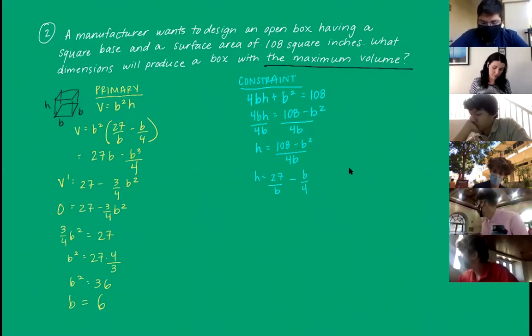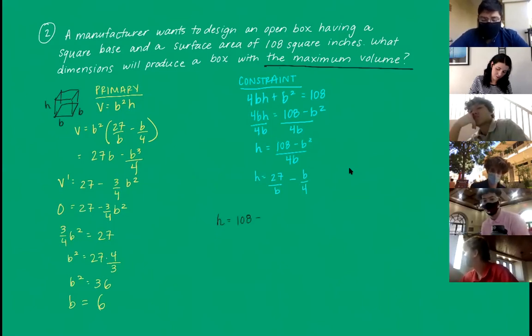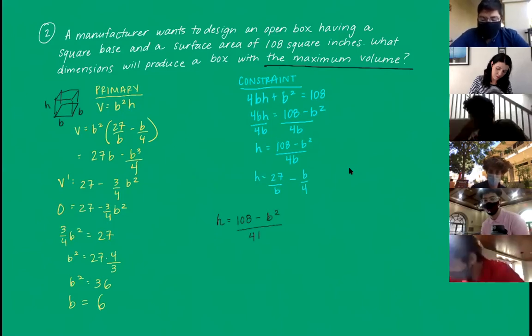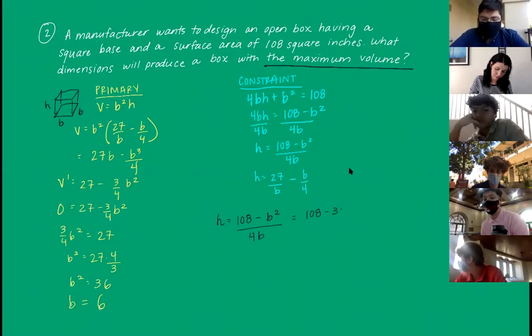So I plugged in B. Going to the constraint equation, I isolated H. Okay. So H equals (108 minus B squared) over 4B. And then plug in B. So H would equal (108 minus 36) over 24. And then 72 over 24 is 3.